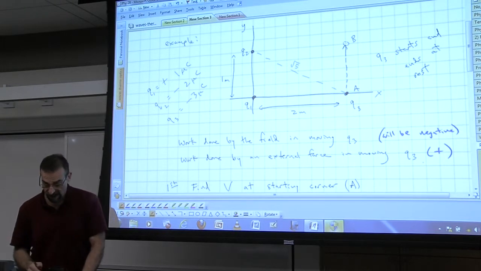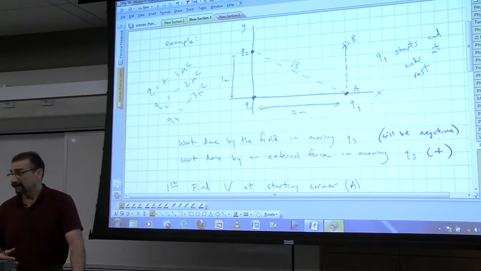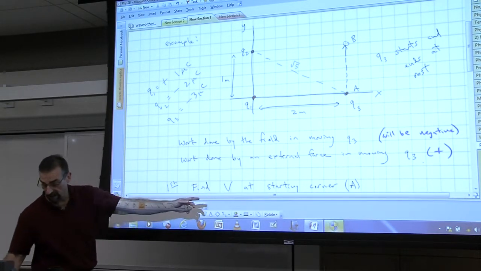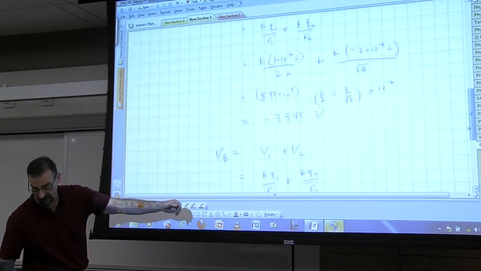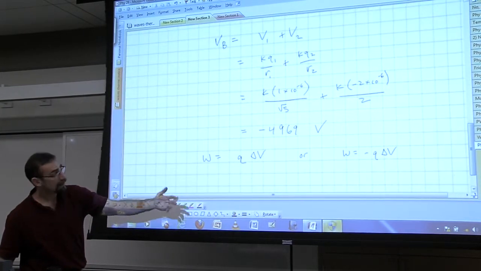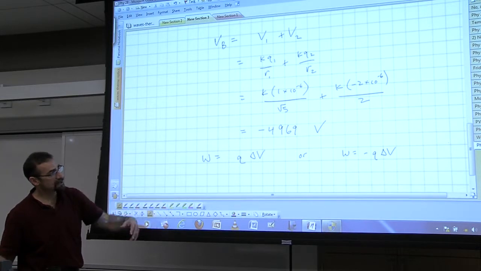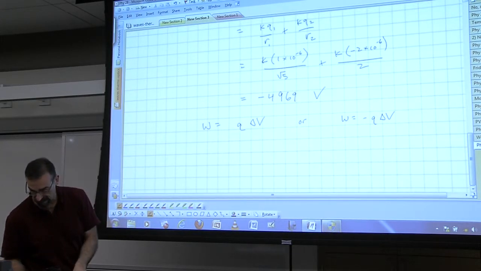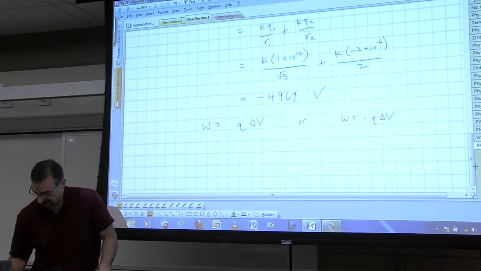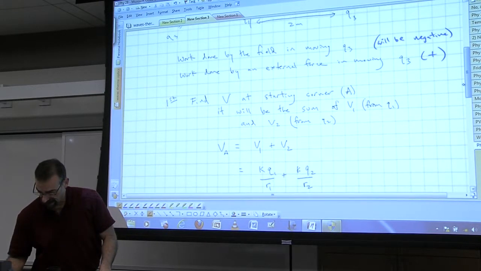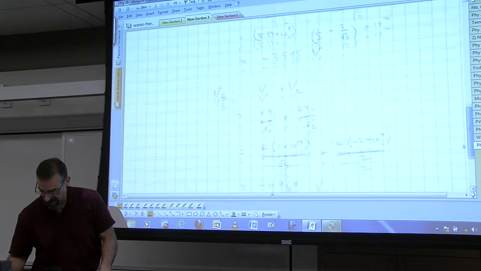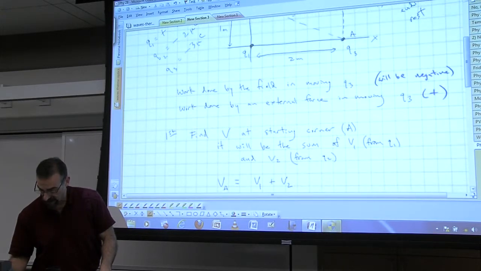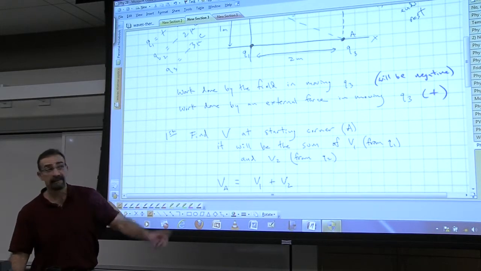The work done by the external force is going to be the other equation, right? One of them is the field, one of them is the external force. It has to be positive. So let's just find the magnitude of the work done and then make sure that the field is negative, and the work done by the external force is positive, because those are equal and opposite. You understand that?